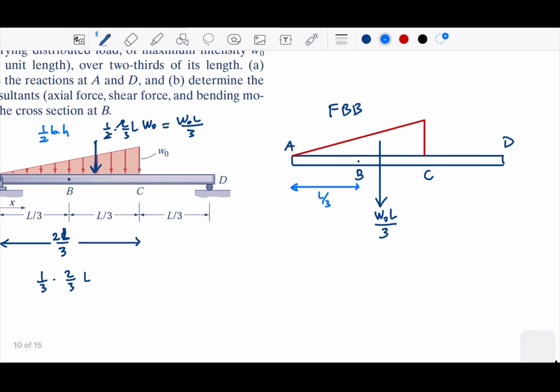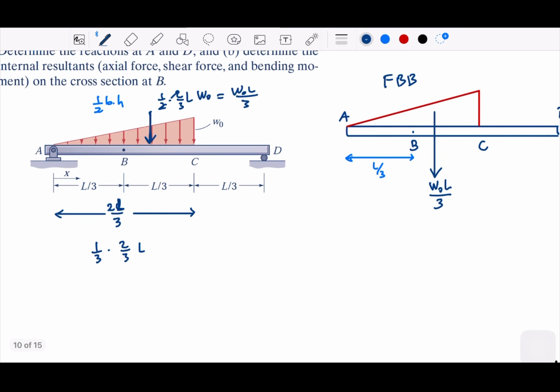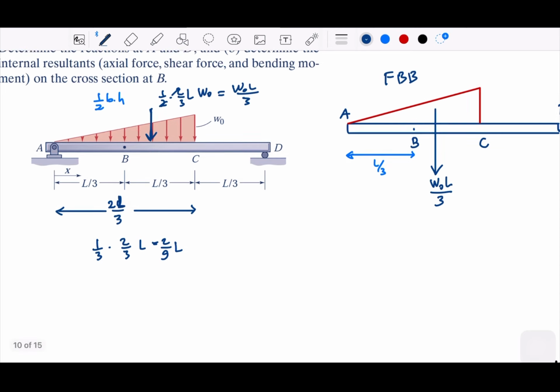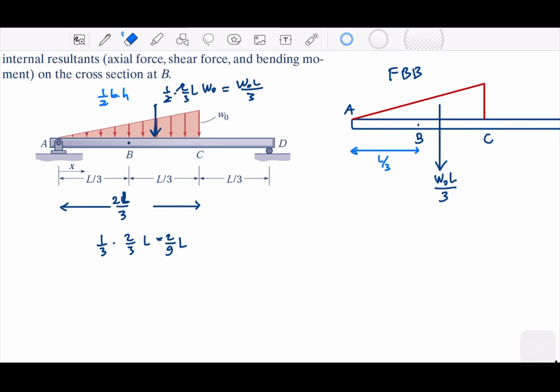So the total is, let me solve this. So this is 2/9L. And we can maybe change this, if you multiply with 3/3, this is equal to 6/9.